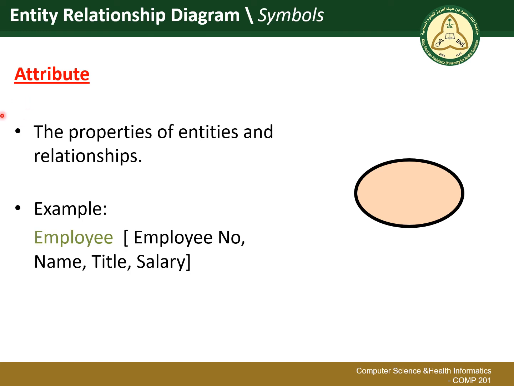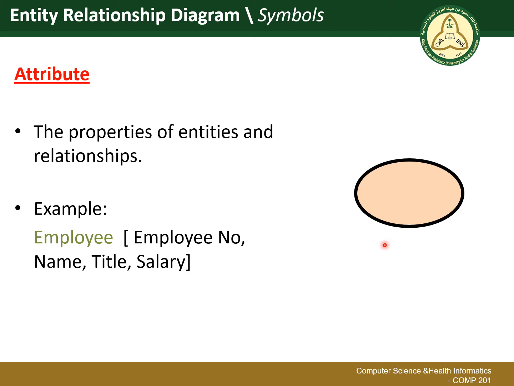The attribute represents the properties of entities and relationships, which means the fields in the table of the database. For each field we can use an attribute to represent the field in the ER diagram. For example, if we have the employee entity, we can describe it with the employee number, the name, the title, and the salary.